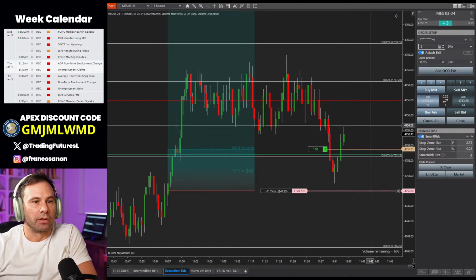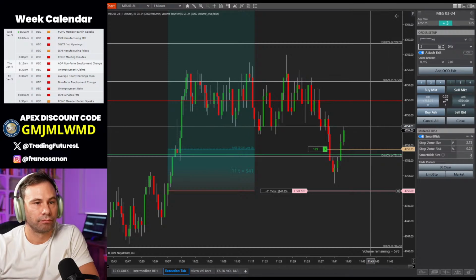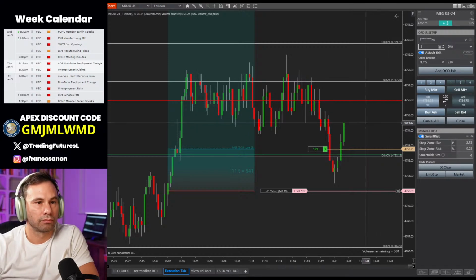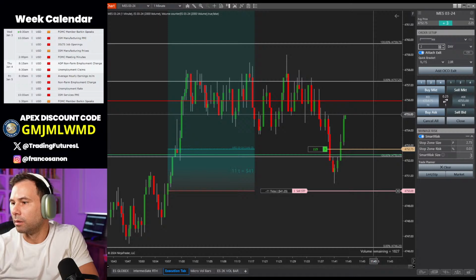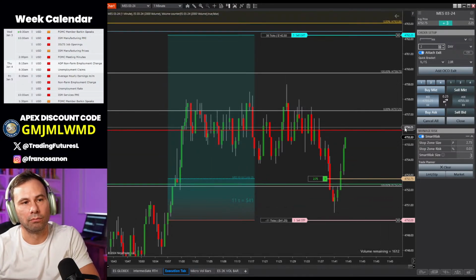A lot of choppiness here. I want to see what's going on here at 56 if we get here. Tick chart getting bullish.